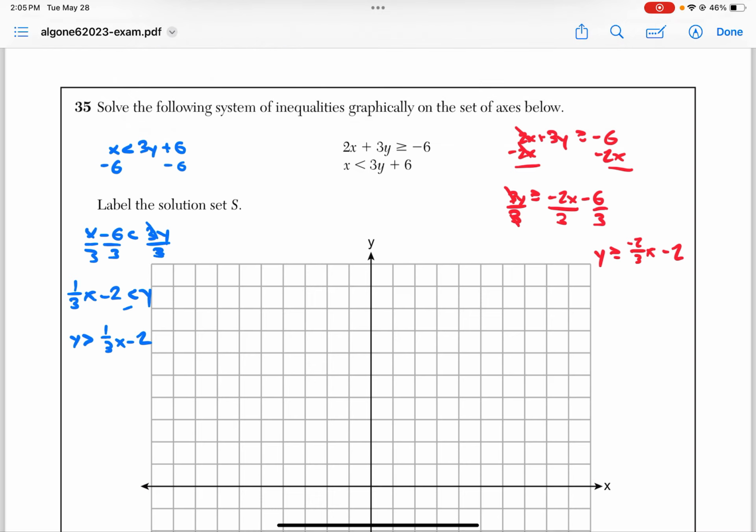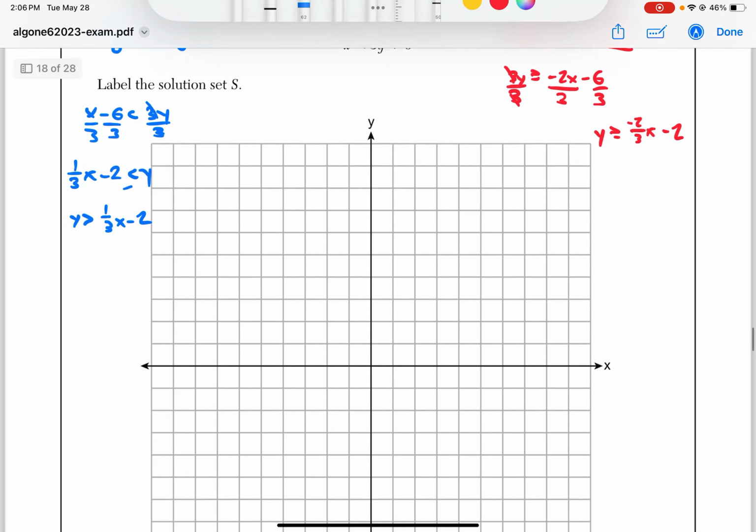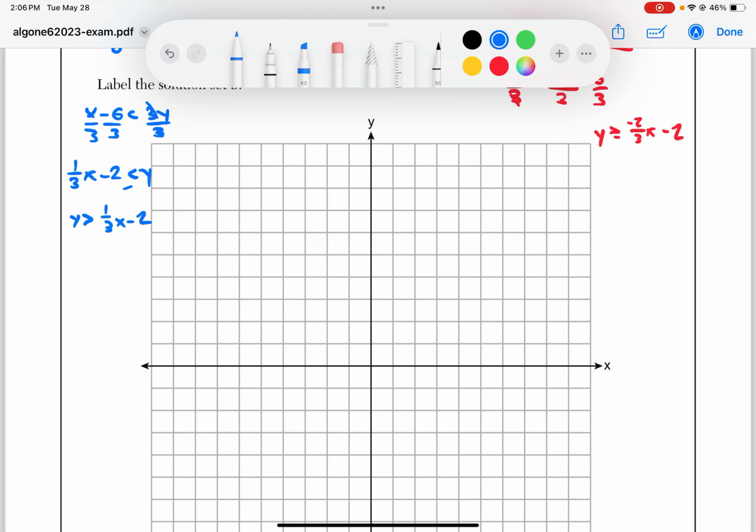So graphing these, I know you can table it. You can put them in tables and find their coordinates. The faster way involves the slope and y-intercept, though. The slope of this is 1/3. Its y-intercept is -2. So plot the y-intercept, (0, -2).